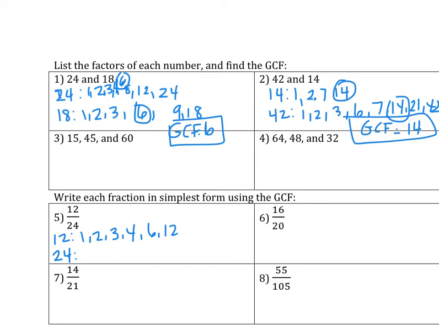And our factors of 24 are 1, 2, 3, 4, 6, 8, 12, and 24. So the greatest factor that they have in common is 12, which means that we divide top and bottom by 12 in order to reduce this number. And then you get 1/2.